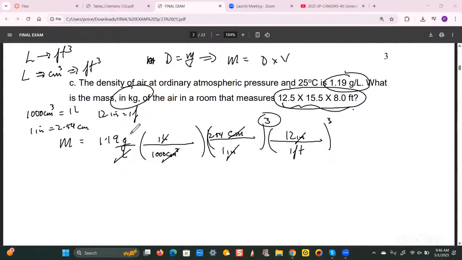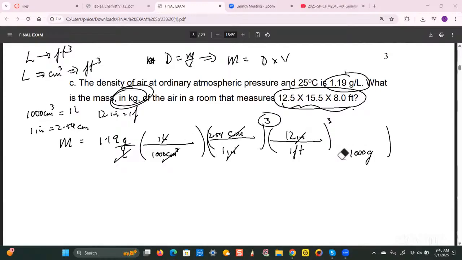But we also need to convert from grams to kilograms, because the question is asking for the mass in kilograms. So what I will do here is that because we have grams right here, I would put 1,000 grams down here. And oh shoot, before I do that, I know I was making an error somewhere.